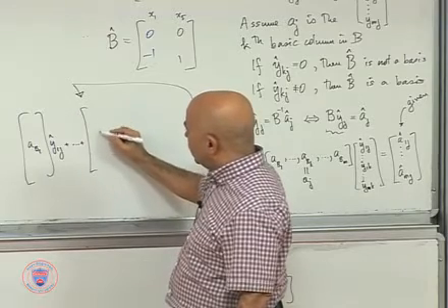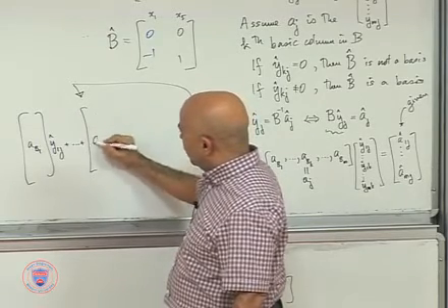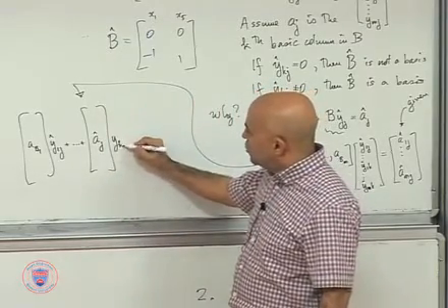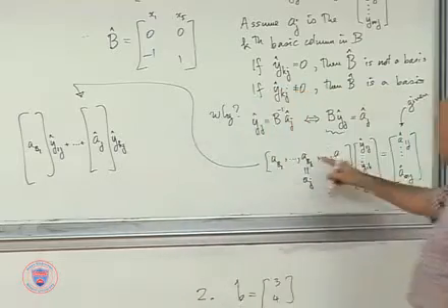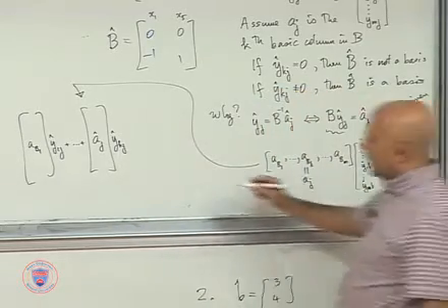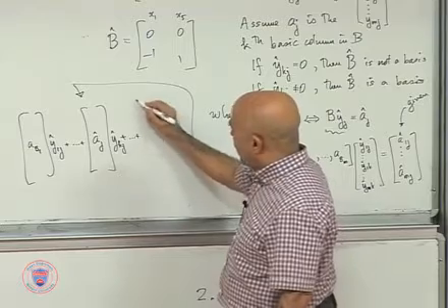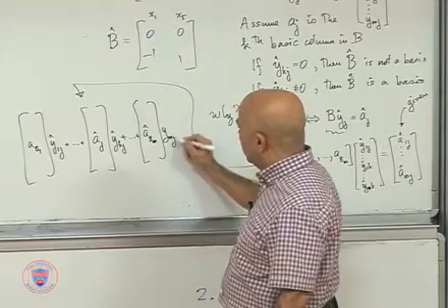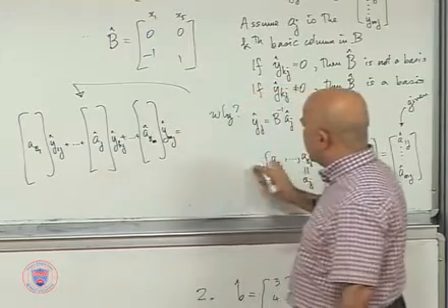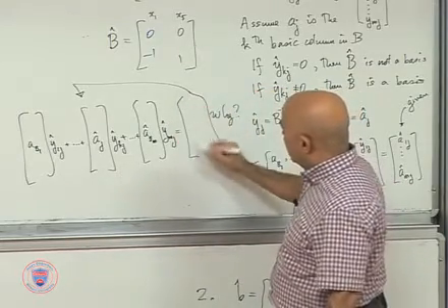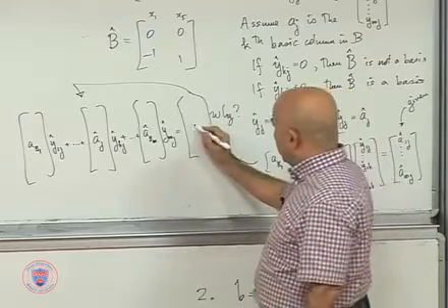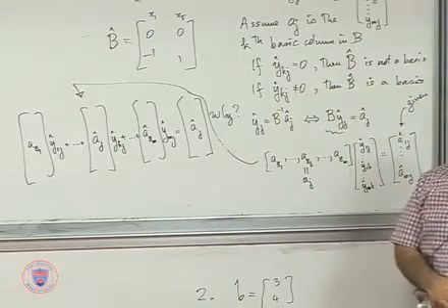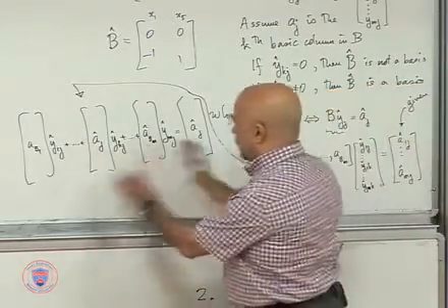You take the kth column, which is your Aj, times Ykj cap. Then the last column times Ymj cap. And you set it equal to the Aj cap column.